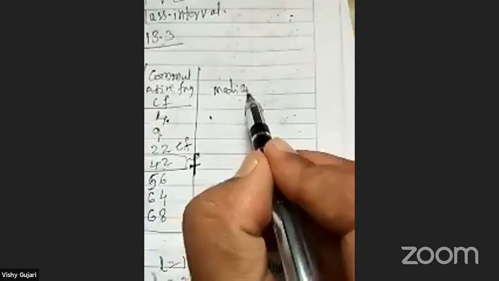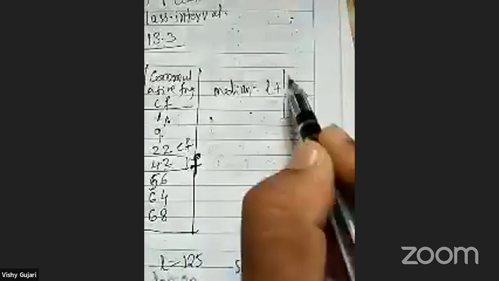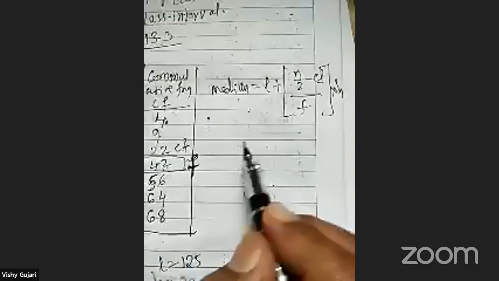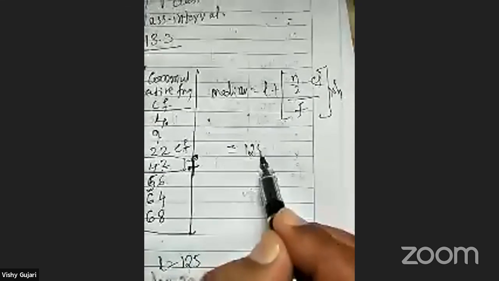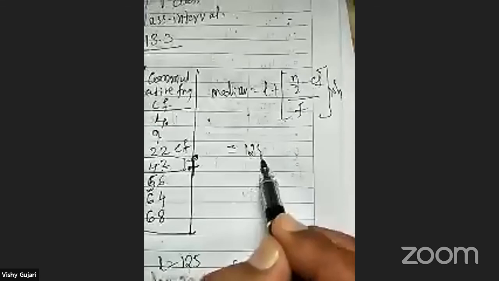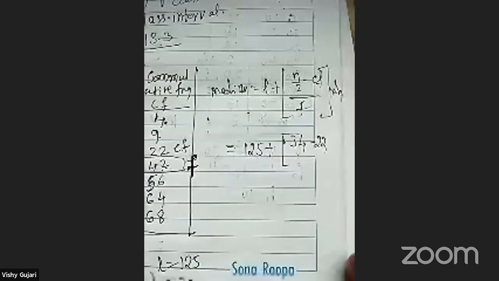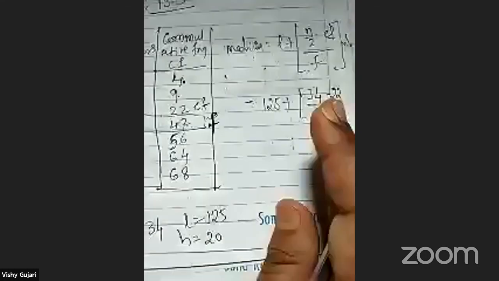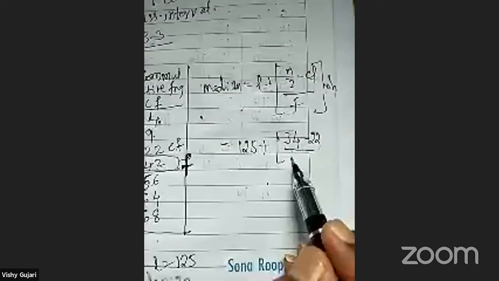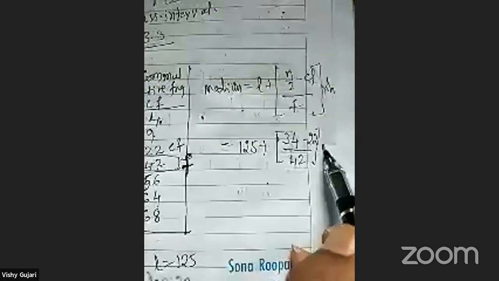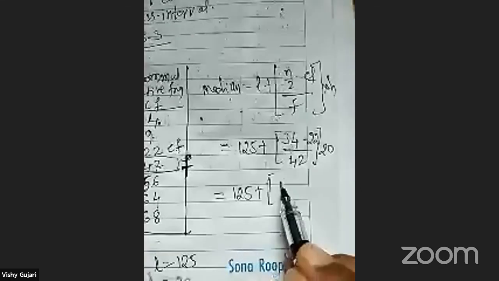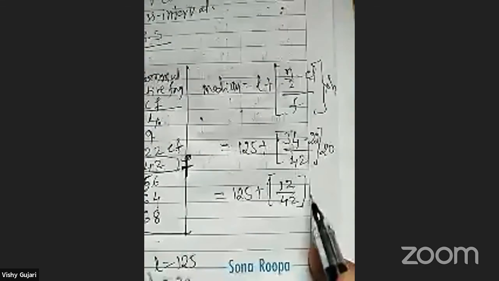Now using the formula, median is equal to L plus (n by 2 minus CF) divided by F, into H. That is 125 plus (34 minus 22) divided by 42, into 20. 125 plus 12 divided by 42, into 20.